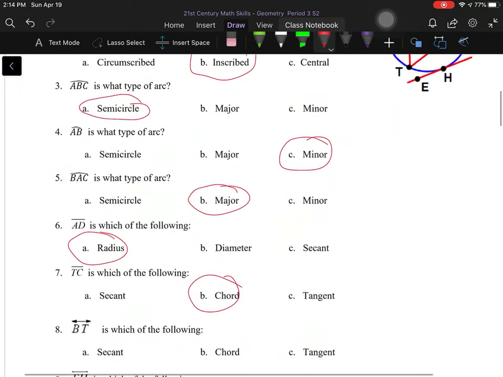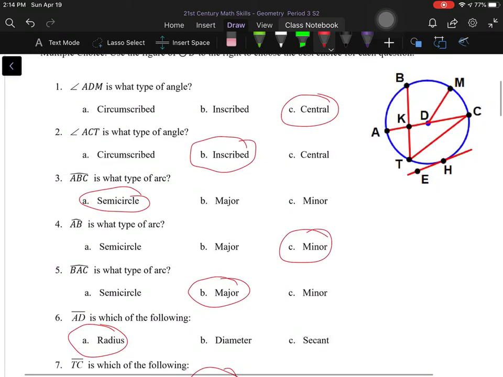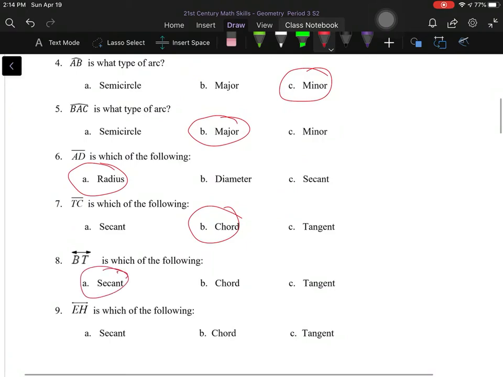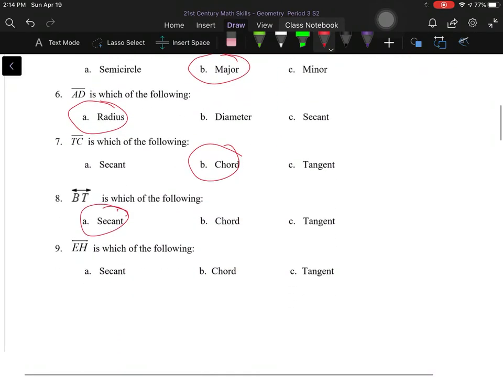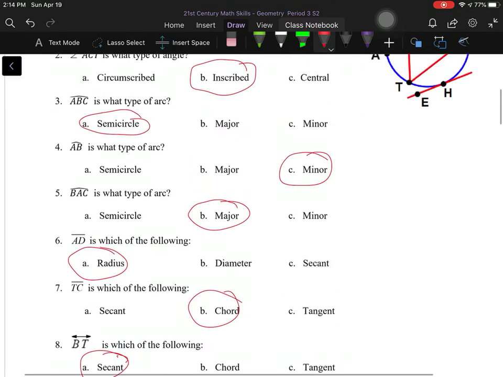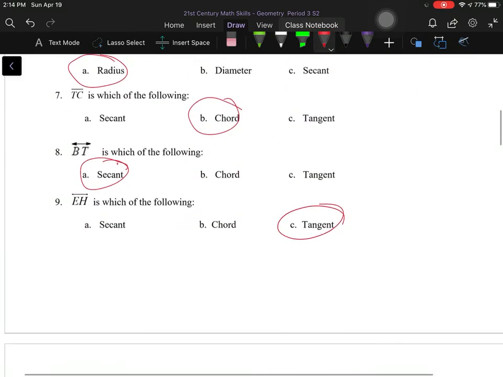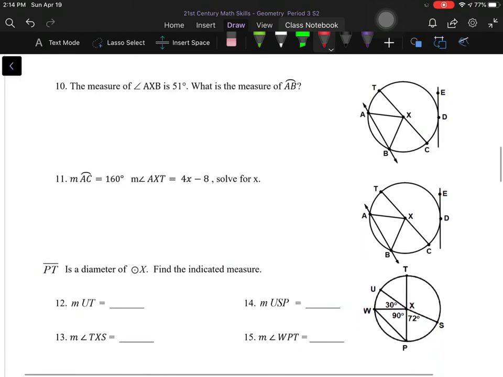Line BT, you can't see it on the picture, it didn't extend it, but because of those arrows, if it goes through the circle, that's called a secant. And the last one, line EH, that's a tangent because it just touches at H. So you'll have these same style of questions on your test where you have to match up which one it corresponds to. Okay, so now for the actual number side of the test.